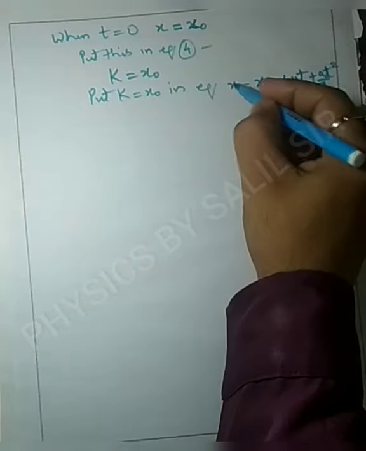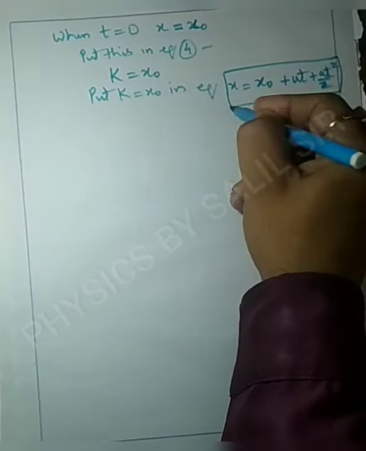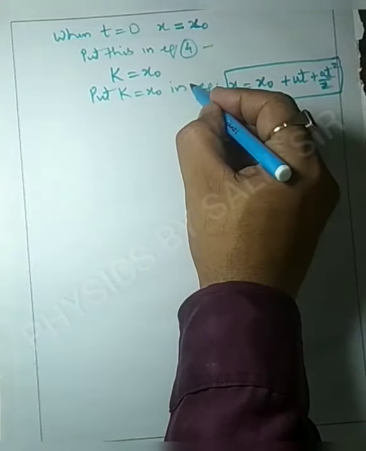Now we got this equation x is equal to x naught plus ut plus half at square after putting k is equal to x naught in the same equation number 4.